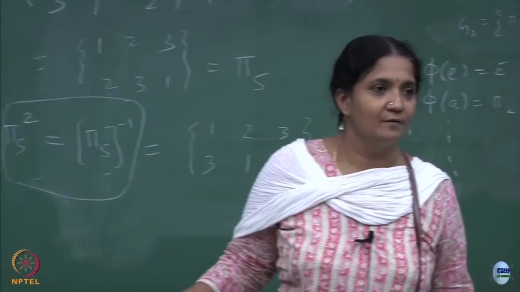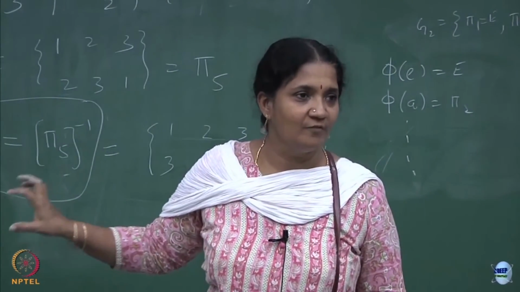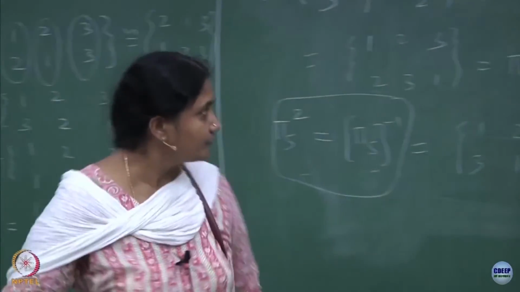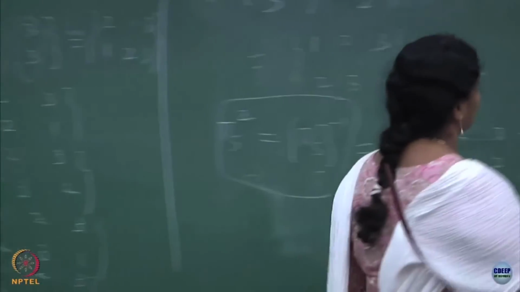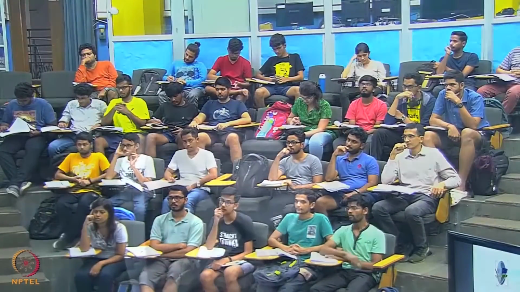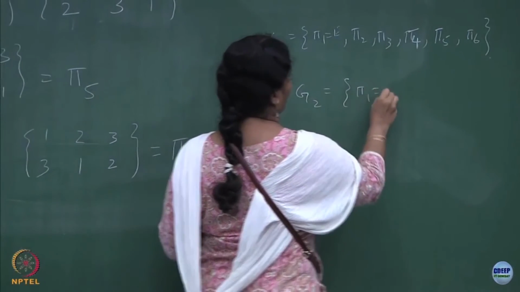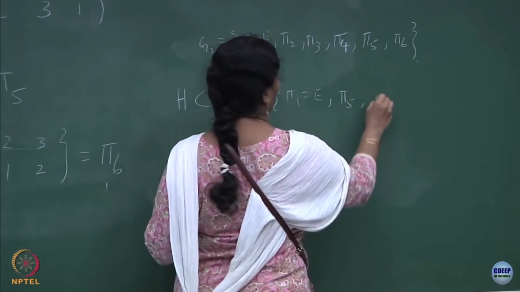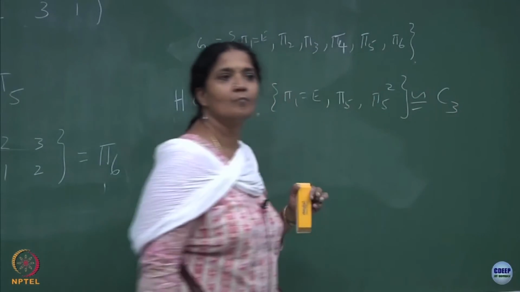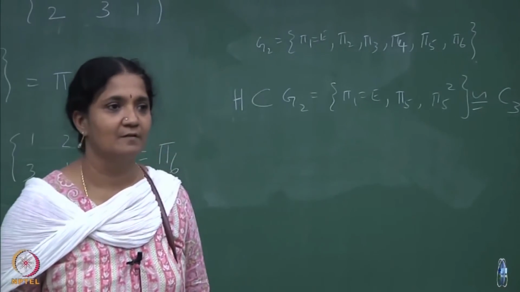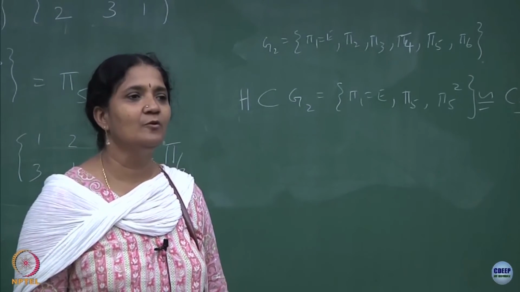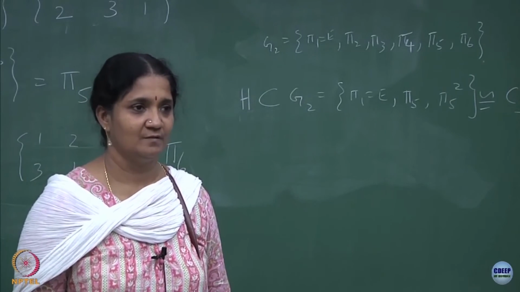A subgroup of the symmetric group of degree 3. So, let me write it. It will be isomorphic to C3. So, that is what Cayley's theorem says, any finite group can be seen to be isomorphic to subgroups of symmetric groups.